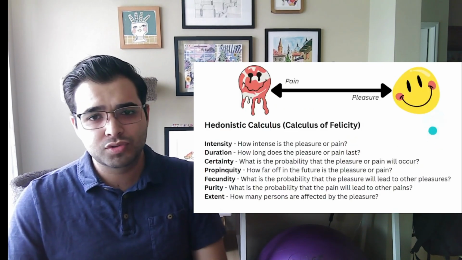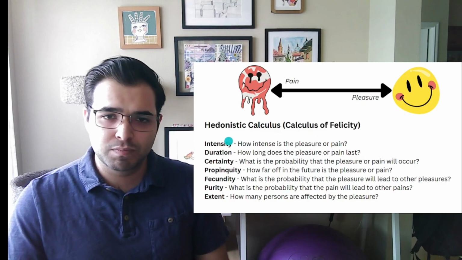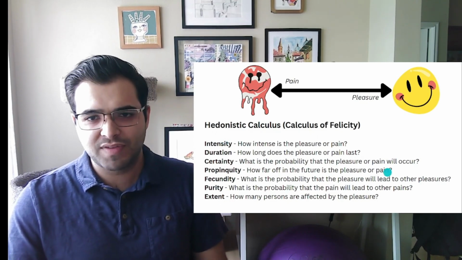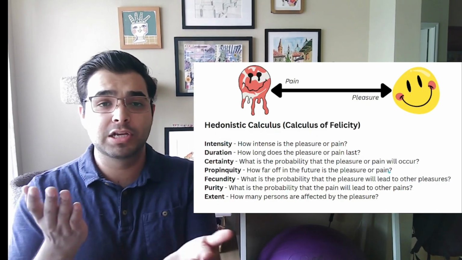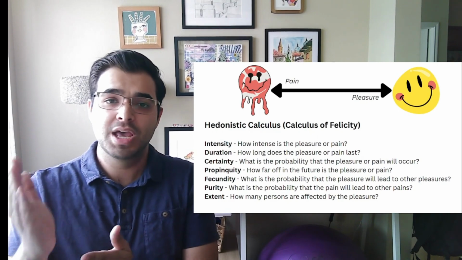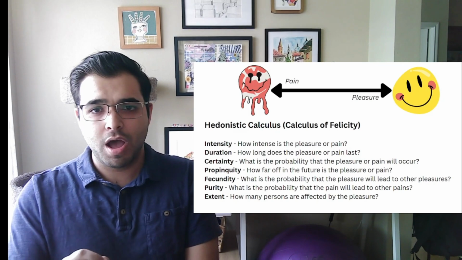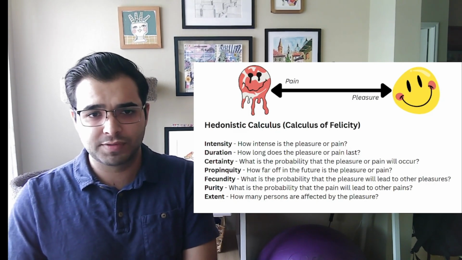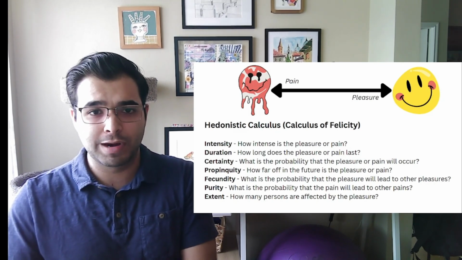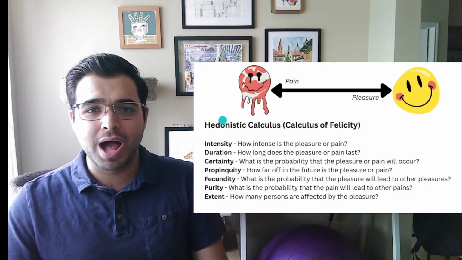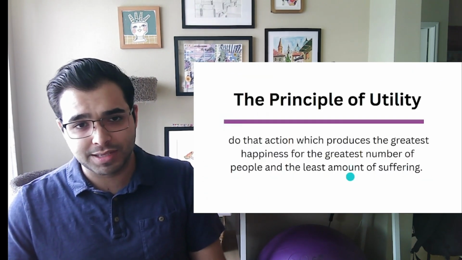Rather, it is a far stronger argument to be able to talk about these various factors when you're comparing two outcomes, right? You can talk about the intensity, duration, certainty, propinquity, fecundity, purity, and extent of the pains and pleasures involved in order to show your work on why the principle of utility applies and when it doesn't, okay?